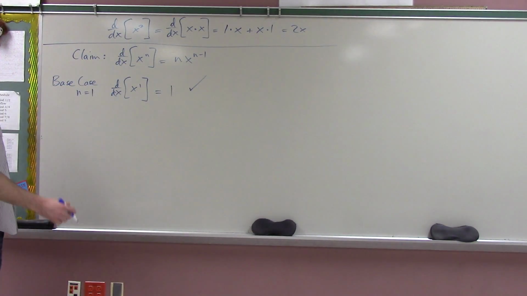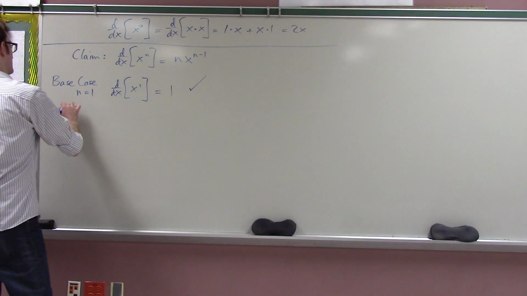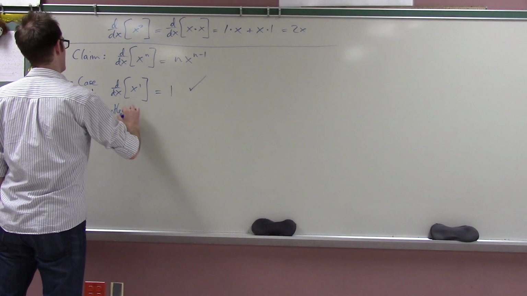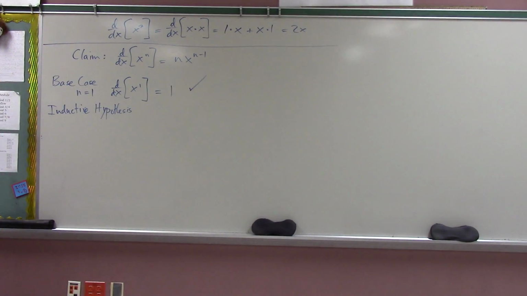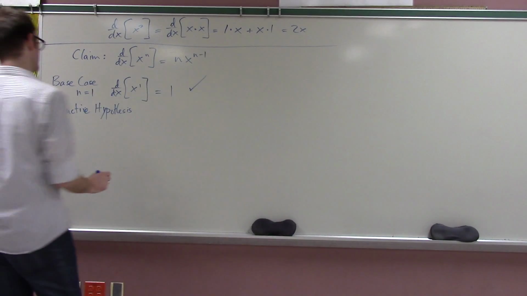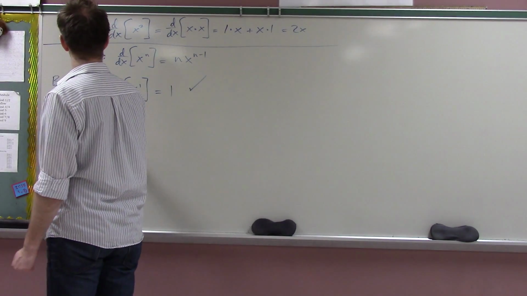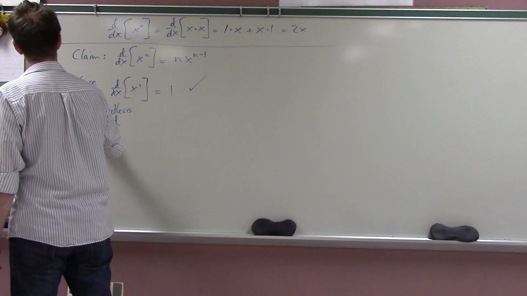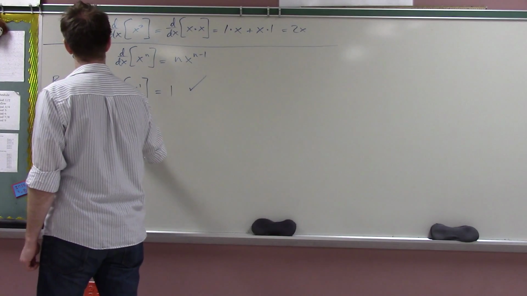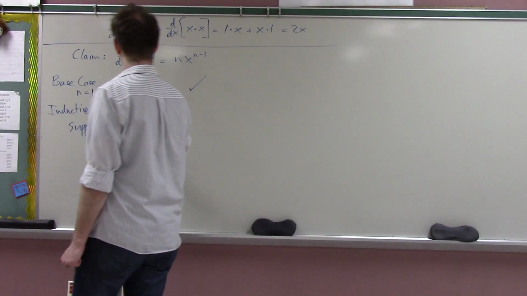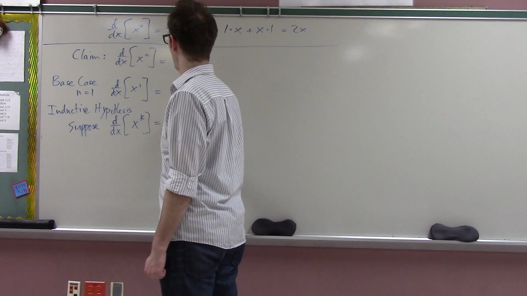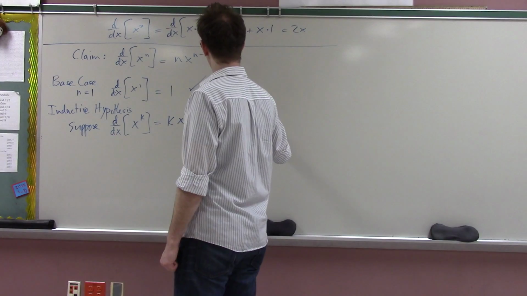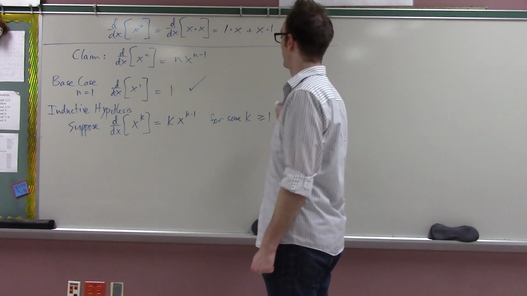I'm being slightly fast about this. Okay, and now we make our inductive hypothesis. Our inductive hypothesis is that it's true for a particular n. Or I guess we'll do it with k's, because why not? So we're going to suppose that the derivative of x to the k is k x to the k minus 1 for some k greater than or equal to 1.